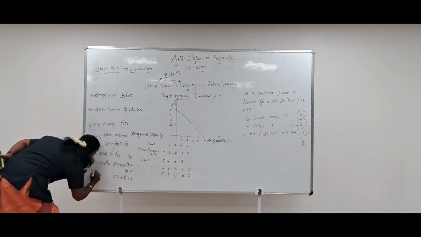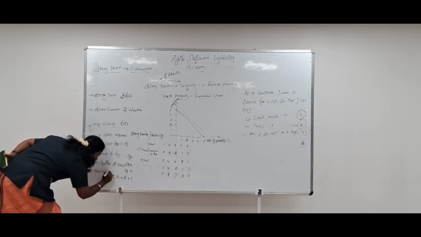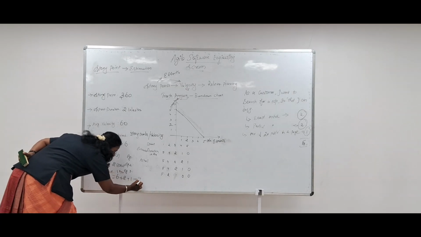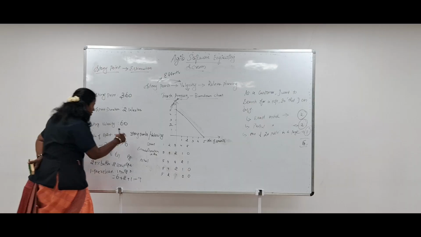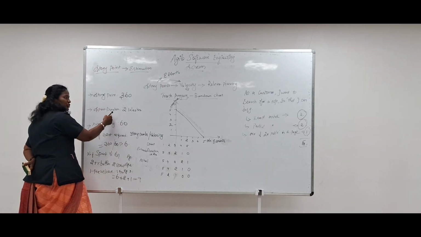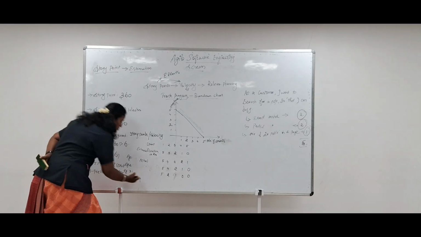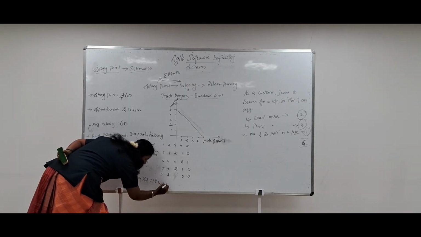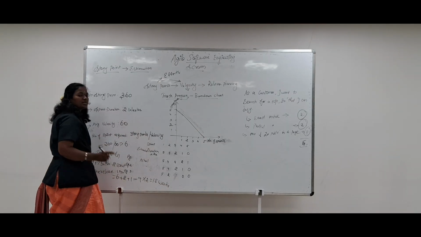So totally how many sprints are required? 9 sprints. And how much duration for a sprint? 2 weeks. So 9 into 2, 18 weeks are required to complete the particular task.